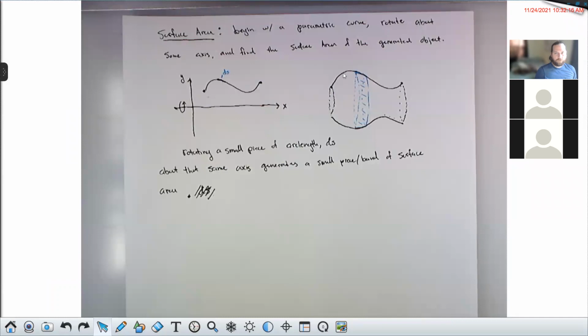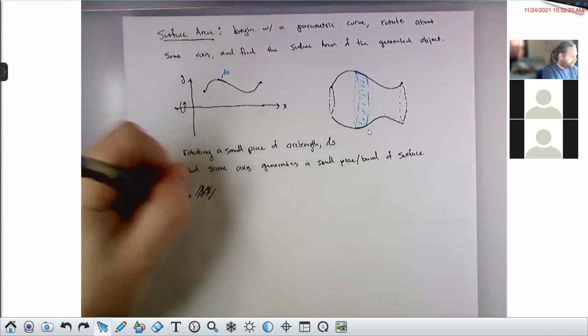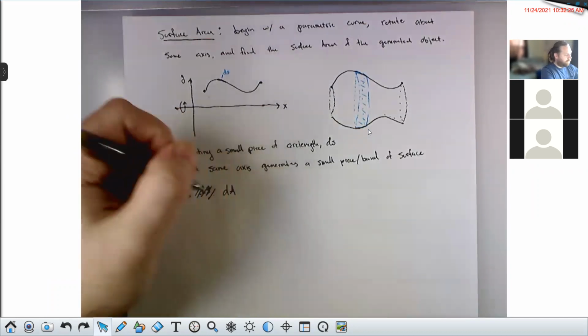So what I want to do is come up with a formula for this little bit of surface area. Maybe I'll call it dA, A for area.